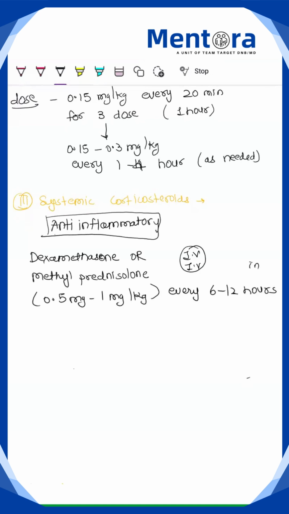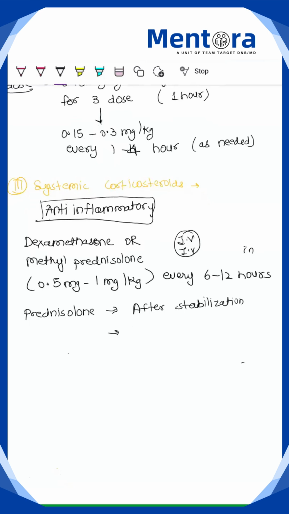If patient can take orally, we can start oral prednisolone after stabilization, in a dose of 1 to 2 mg per kg per day in divided doses for 3 to 7 days.